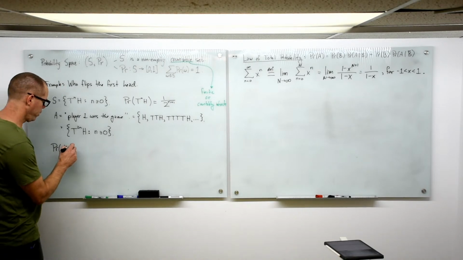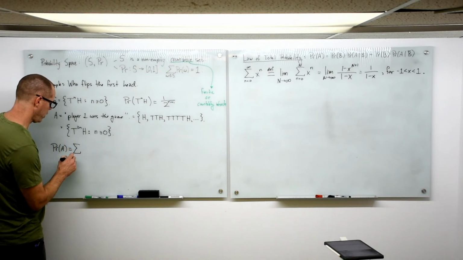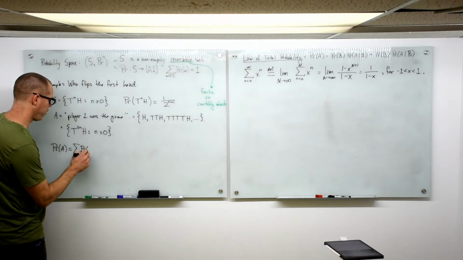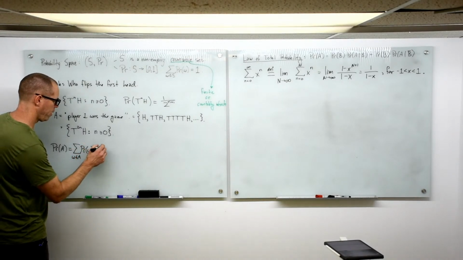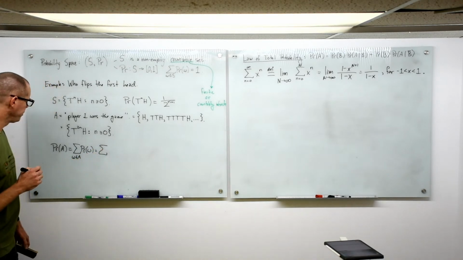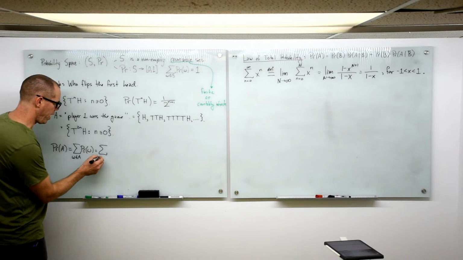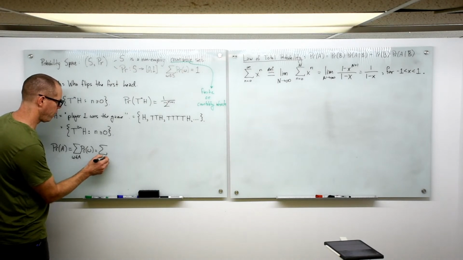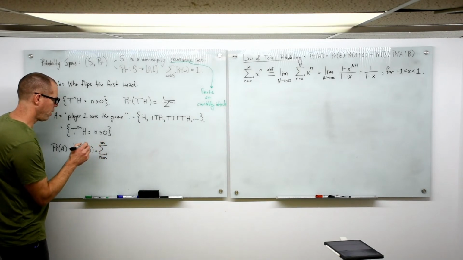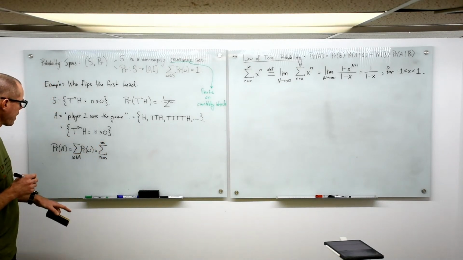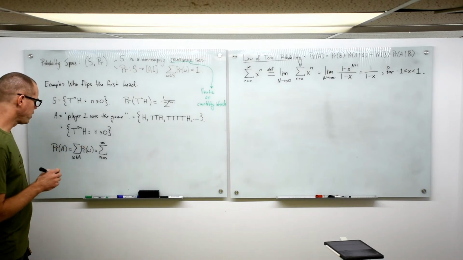Well, just remember the definition is you sum over all the events in A of the probability of that event. And for us, this tells us the events. So there's some number n, 2n of coin tosses, all of which come up tails, and then the heads.